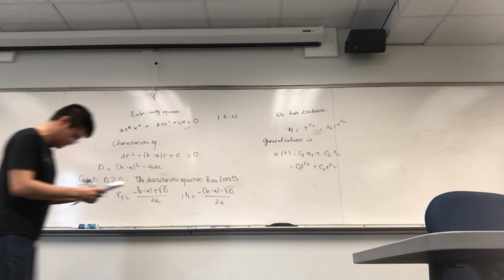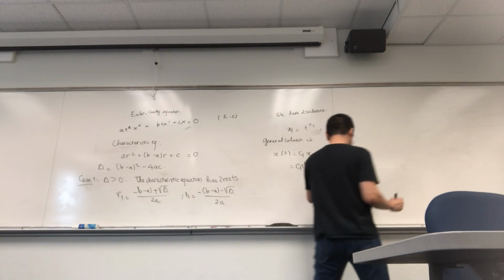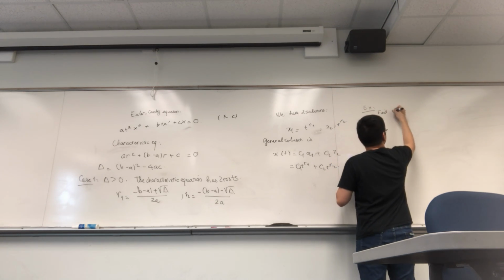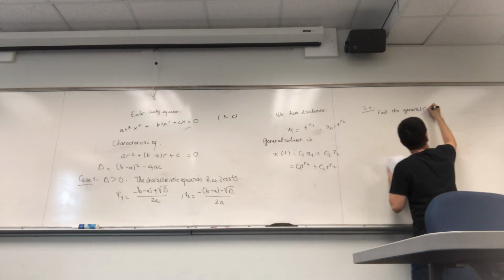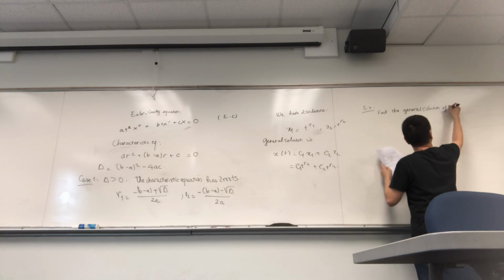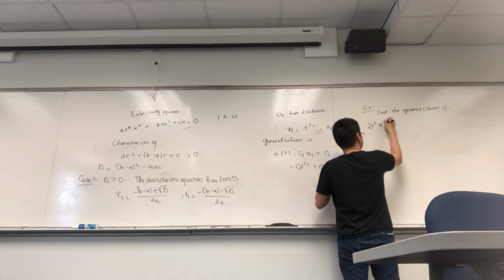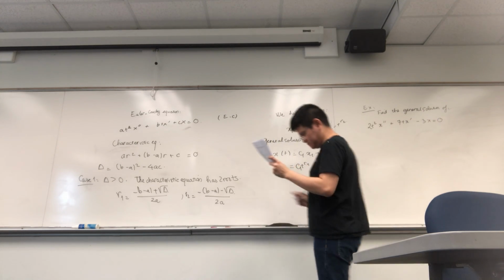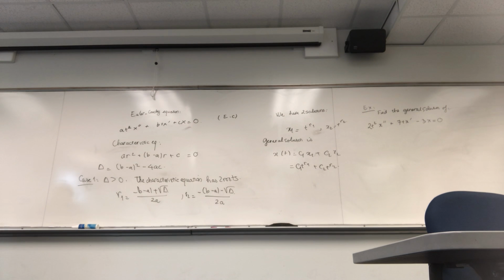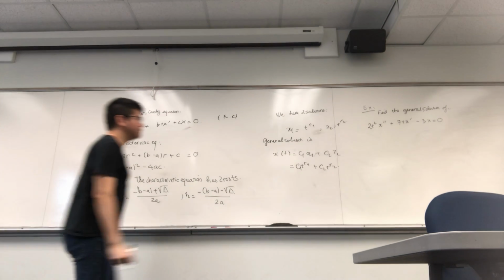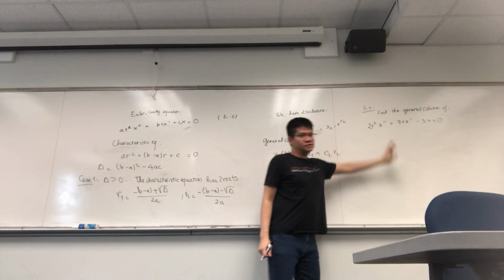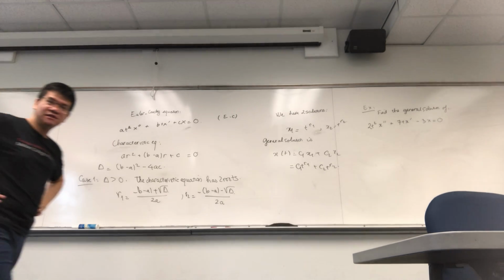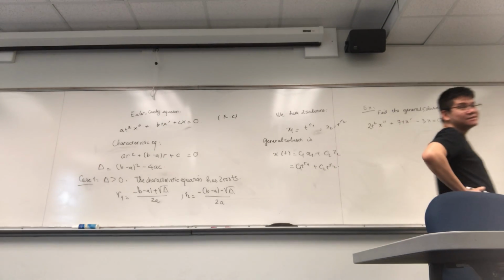Right, so let us go to one more example. Find the general solution of 2t squared x double prime plus 7t x prime minus 3x is equal to 0.